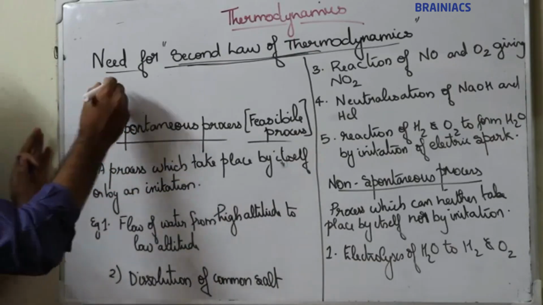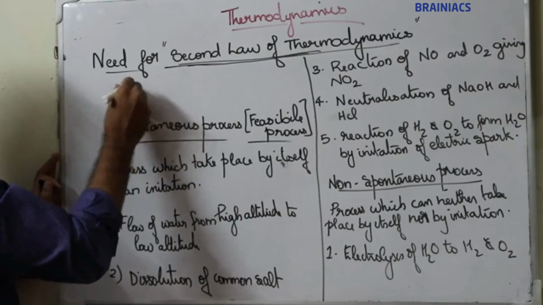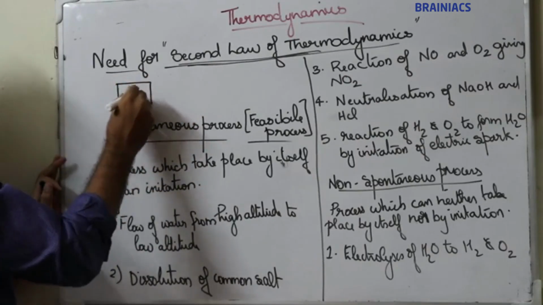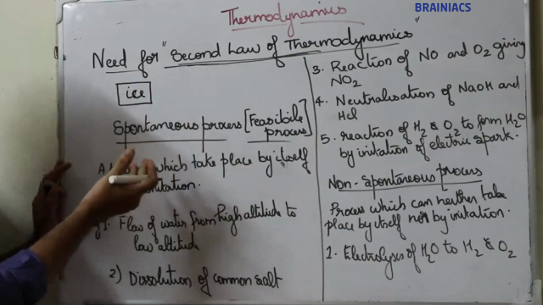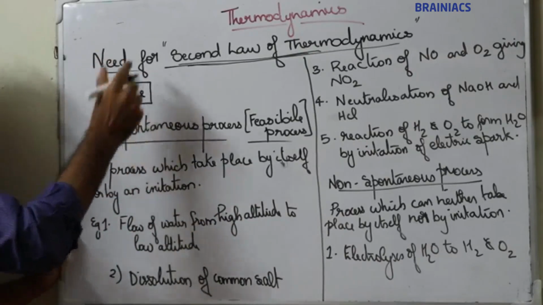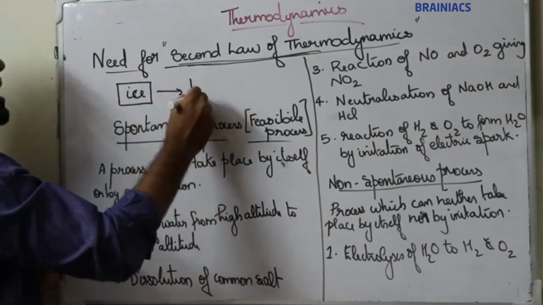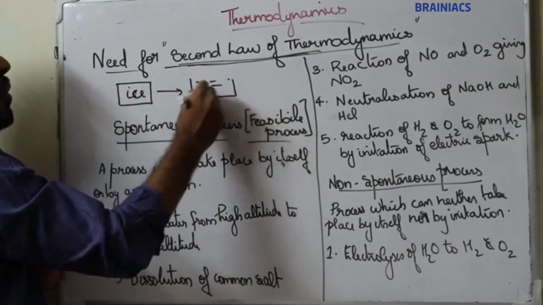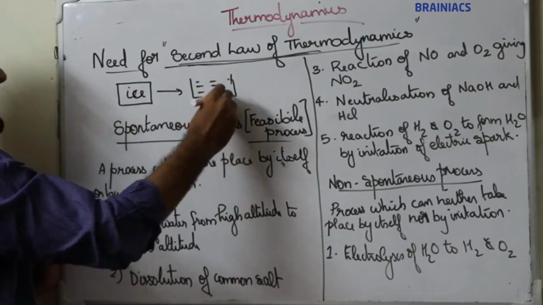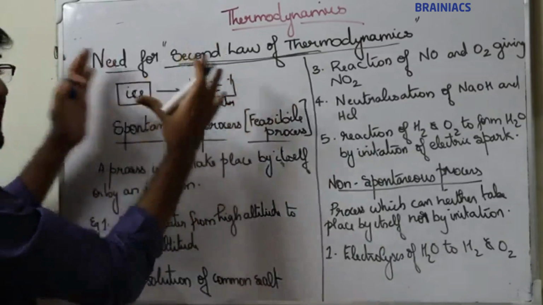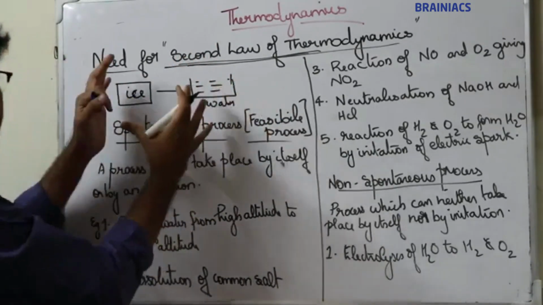For example, if I am placing a piece of ice here, it will spontaneously melt to form water, right? Here I am not giving any external energy, I am not supplying any external force.